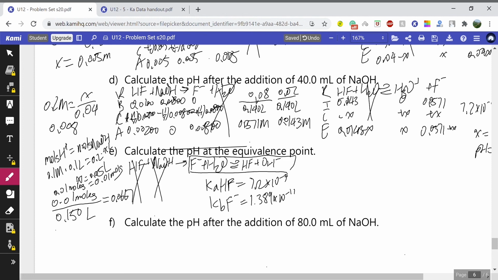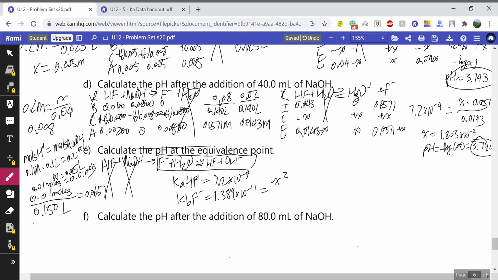Now with Kb, we can set that equal to x squared divided by 0.0667, basically doing what we did before.